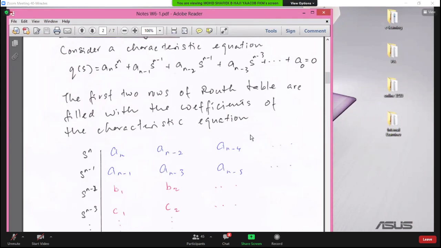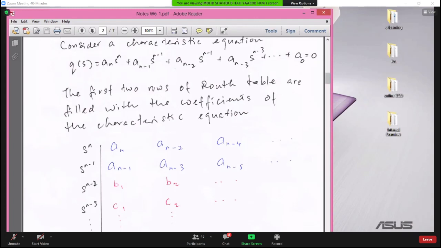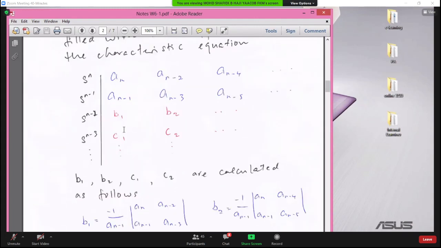So the first step is to fill in the first two rows with the coefficients of the polynomial, and then you fill up the rest of the elements in the table. So you want to compute B1, B2, B3, B4, C1, C2, C3, and C4, and so on until you get to s to the power of 0.